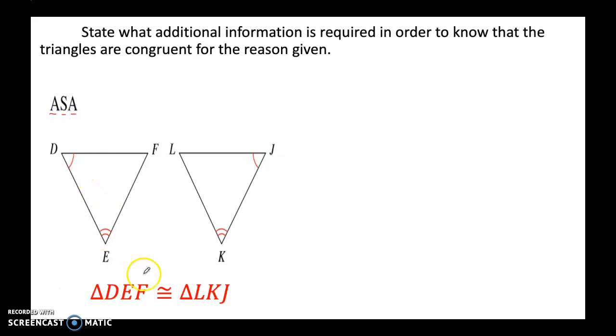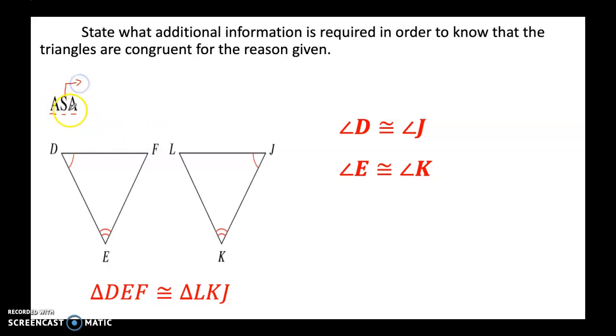So based on the given figure, we have angle D congruent to angle J, and angle E congruent to angle K because they have the same markings. We have the same number of arcs. Now, we need a side.